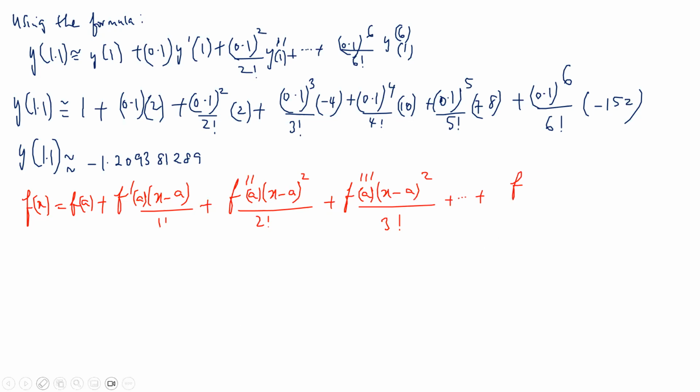So you can go up to n, the nth derivative, and then it is x minus a to the nth, and then divide by n factorial. Okay, this is generally the Taylor series. If we speak about Taylor series, we mean this.